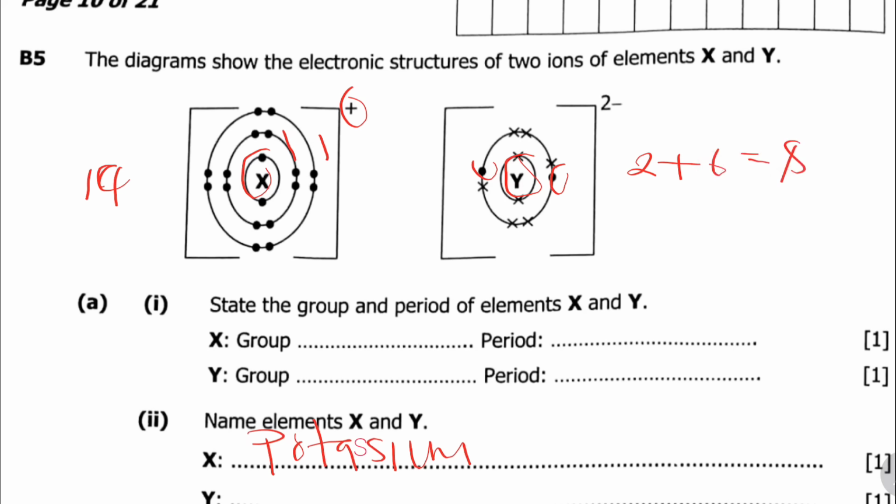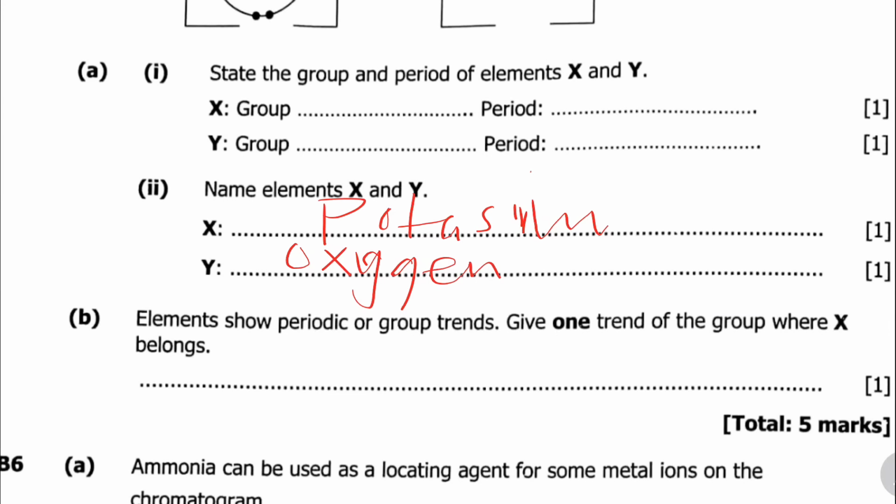And the one with 8 electrons, 8 proton numbers, is just what? Oxygen. So here you can write oxygen. Okay, just write it nicely.